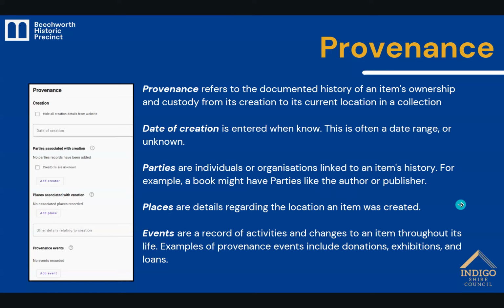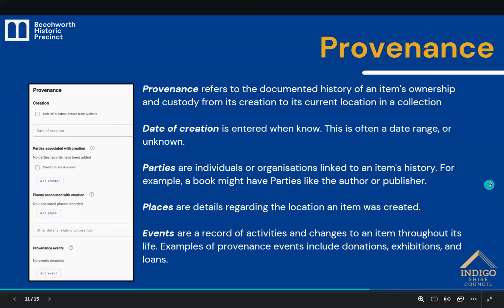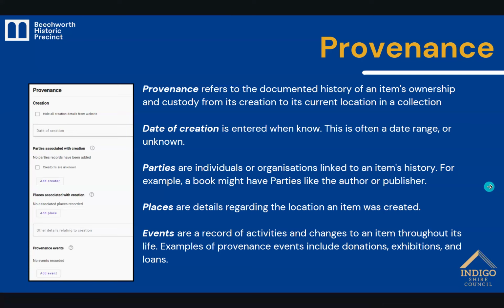Relatively straightforward. We like to know whenever possible where an item was created. And the events are any records, any activities or changes throughout the life of an item. This could be when it goes on display, as well as when it was created, or any uses that it may have had over time before landing in the collection, as well as once we start using them.